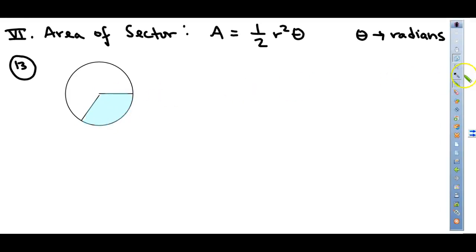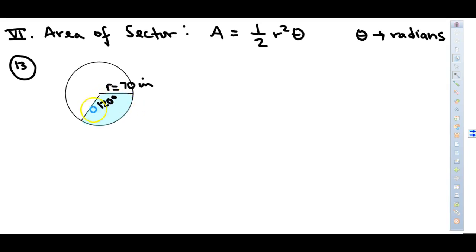Okay. So you want to figure out what the area of this sector right here is. So suppose that I told you that the radius of this circle is 70 inches, and that this central angle right here is 120 degrees.